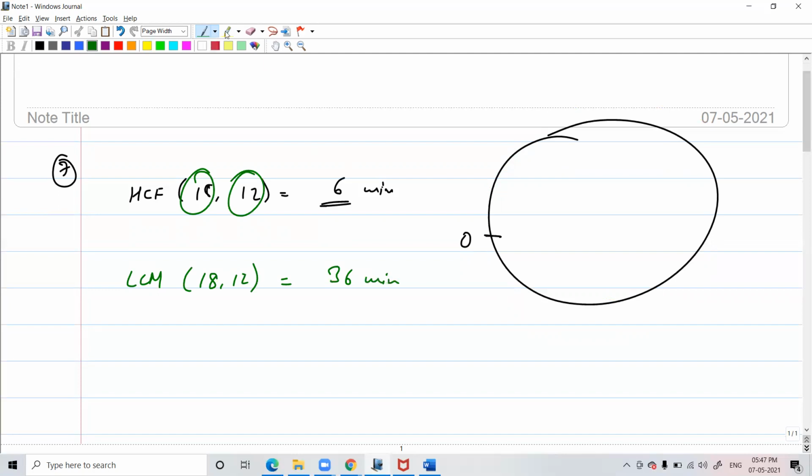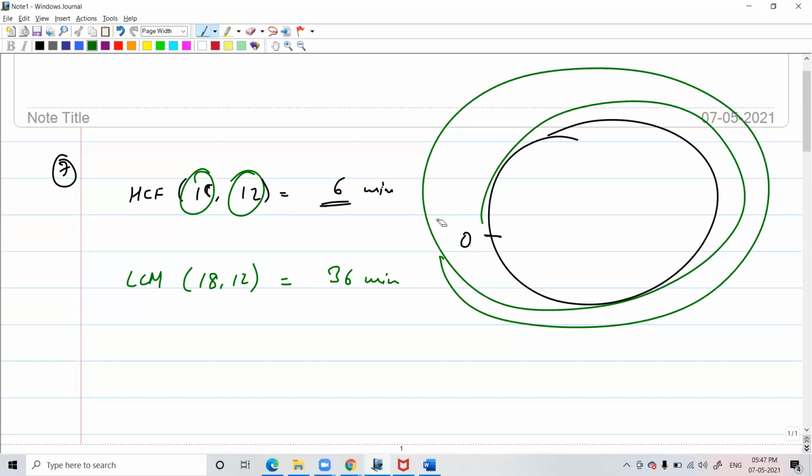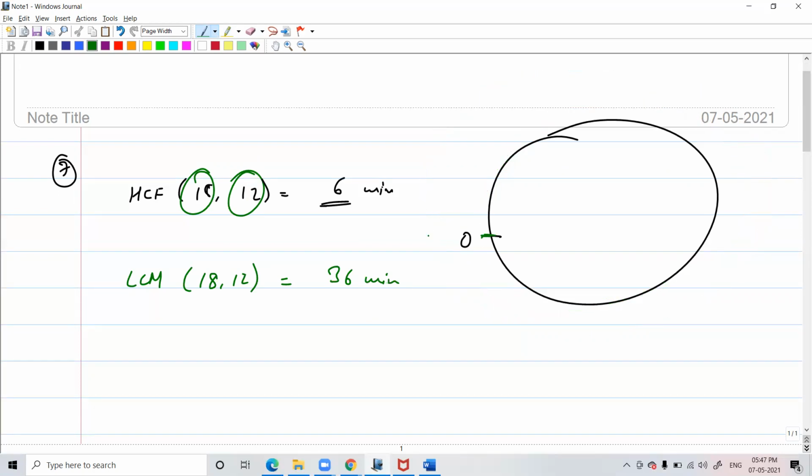The person who's faster, who takes 12 minutes only to complete this round, would have gone 3 rounds and reached this place again. And in the same time, the person who's slower, who takes 18 minutes to complete this, would have only completed 2 rounds and met at this place. So they will both meet 36 minutes later. Does everyone understand why?